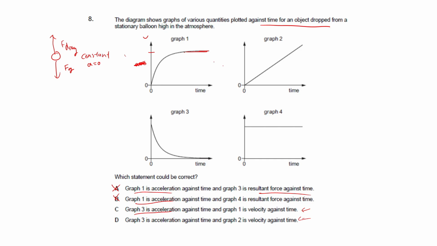In graph 2, we can actually see that our velocity is slowly increasing at a constant rate. This means that our acceleration is greater than 0, which contradicts what we were just saying before, that eventually our acceleration will become 0, when this is actually never 0. So in this case, graph 2 is bad. Our answer is C.